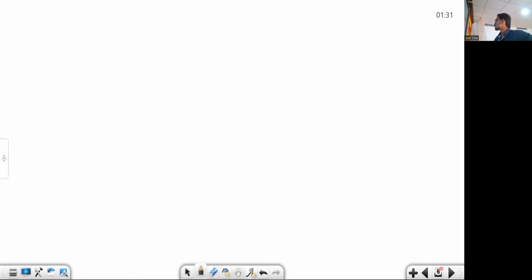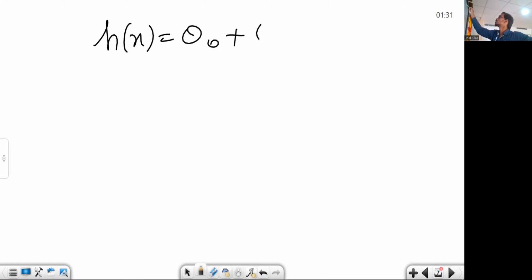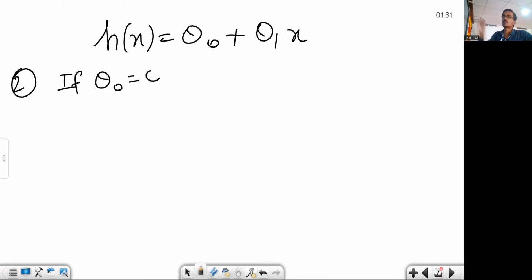Case number 2. If theta 0 is 0, then what will happen? h of x will become equal to theta 1x.